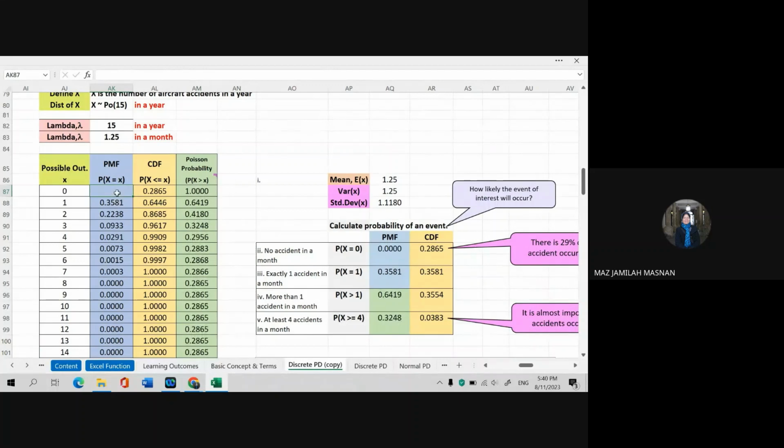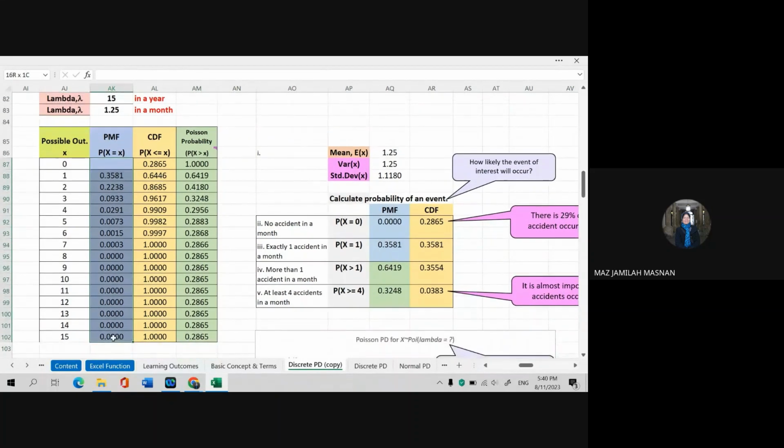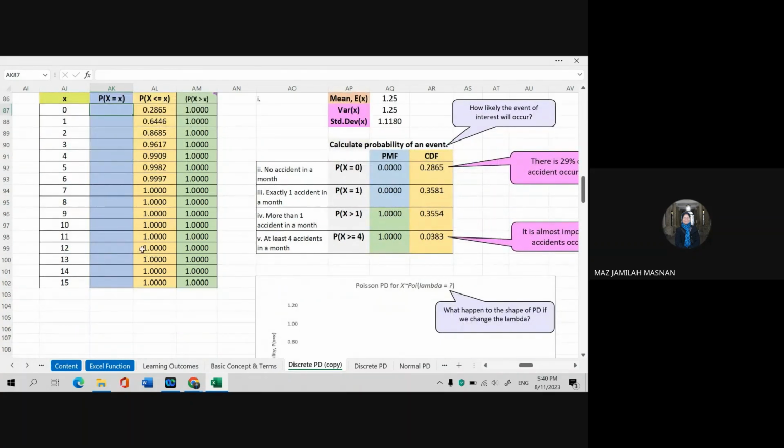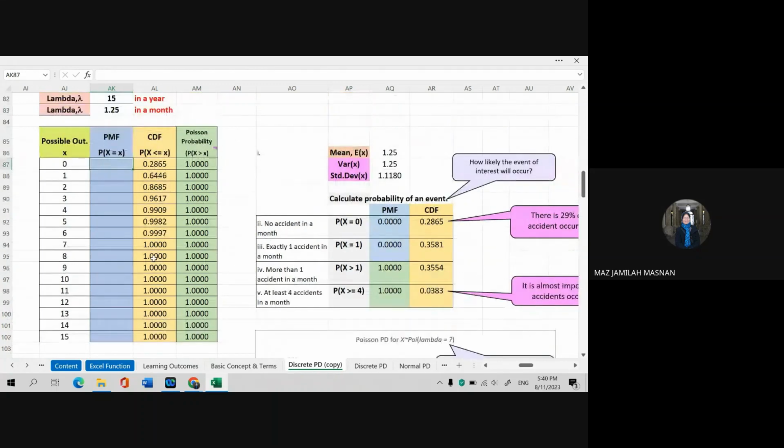Let me erase the first column again, and in this case I stop at 15. Why 15? Just a random selection. You can stop at 20, you can stop at 25. It's up to you, but in this case, I just stop at 15.